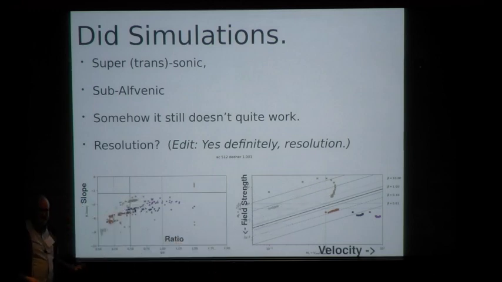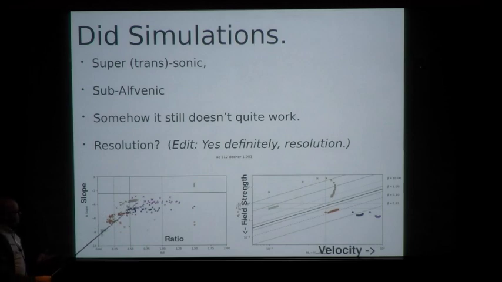They're not in a kind of statistical steady state, but the ratio of B to E somewhat depends on the sonic Mach number, where more supersonic simulations are giving us a B to E of 1, but we're not getting the slope right at all. So why is that?